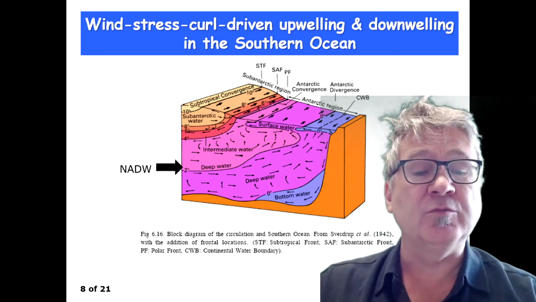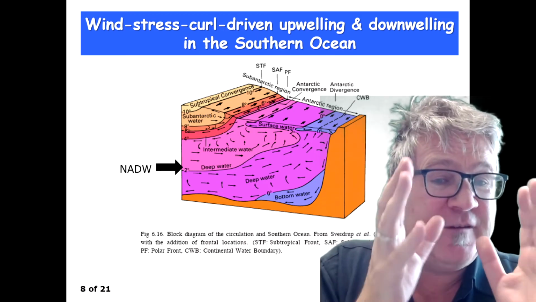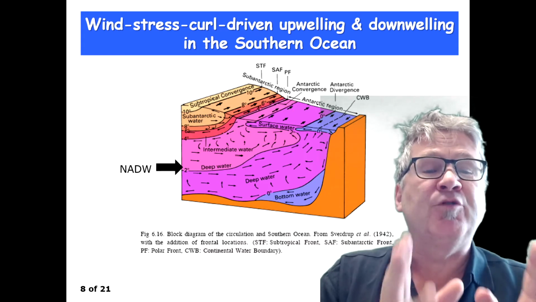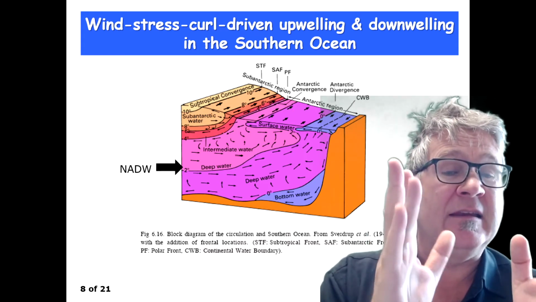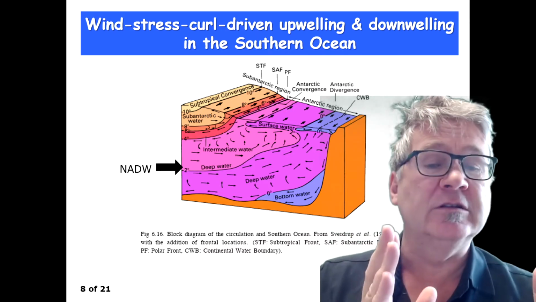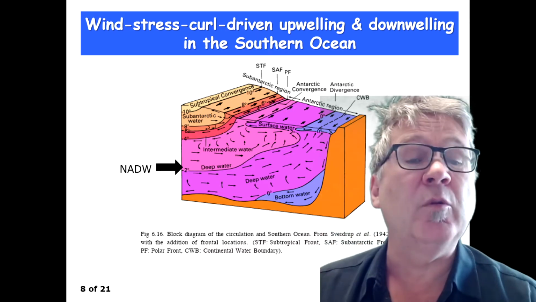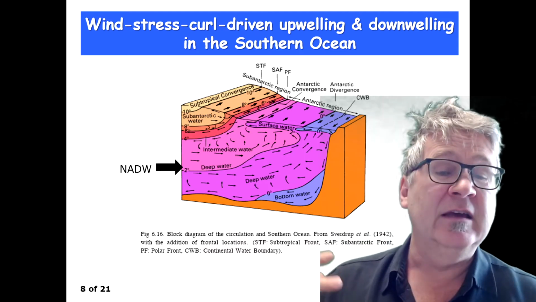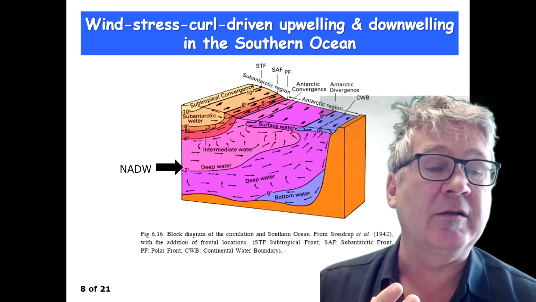Fronts in the open ocean, which are regions. Fronts are features where the water mass properties change significantly as you move across the frontal zone. Okay, and this, in general, we have three different fronts: polar front, subantarctic front, and subtropical.